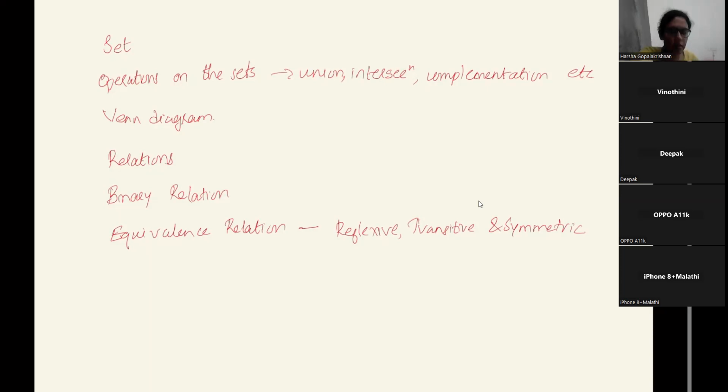Okay. So let me start with a question. The first question is: given that x in S implies x in T, where S and T are 2 sets, which of the following options are true?